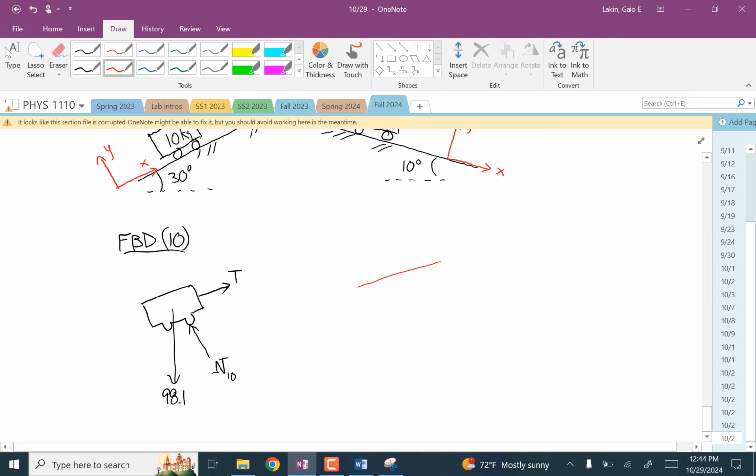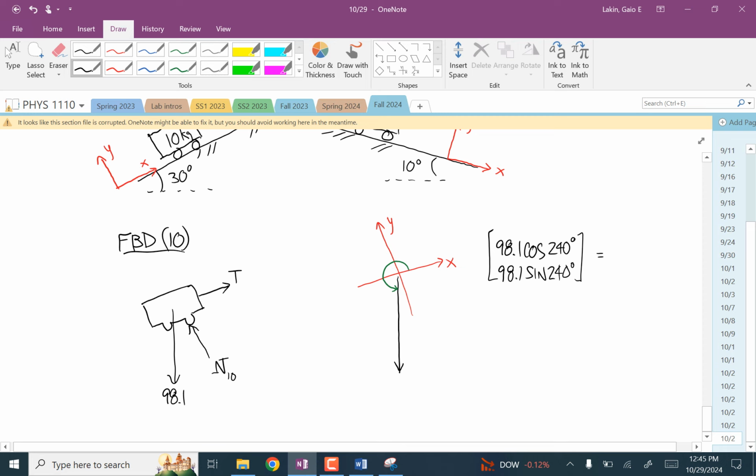The coordinate system is like this. The weight force is this. And so the angle from the positive x-axis to the weight force is 270 minus 30 degrees in this case, so 240. So it's 98.1 times the cosine of 240, 98.1 times the sine of 240.